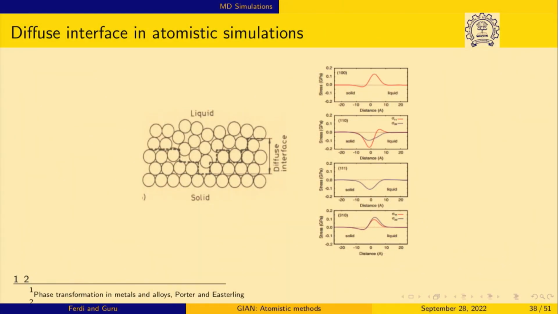So, there is a region over which if you go from solid to liquid, you will see that it is an interface, and there is always an excess energy associated with these diffuse interfaces. So, you need to integrate over this region to evaluate the excess quantities associated with the interface. Typically, we are interested in energy, and the other images that you see, you do not see the bottom, are from Frolov and Mishin's paper.